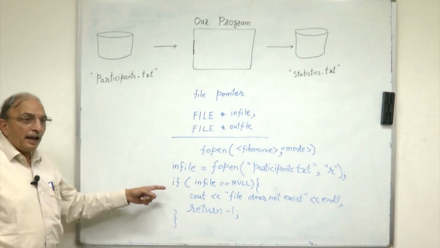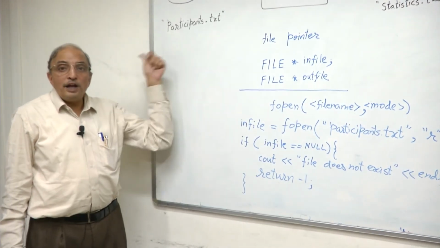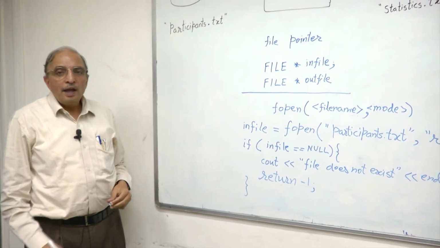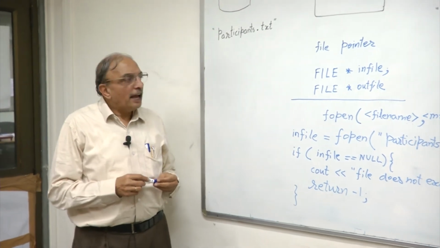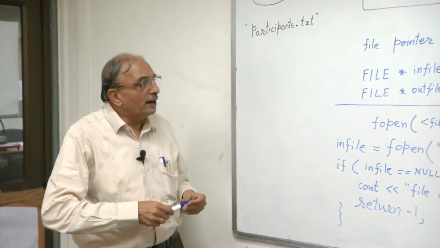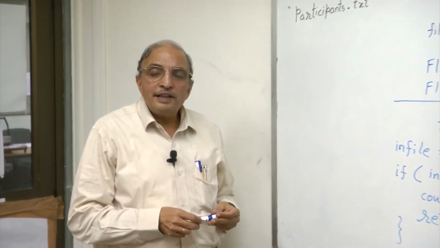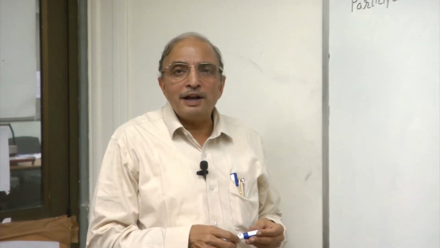This is the typical way in which the opening of a file is handled. You can easily guess that in exactly the same fashion an fclose could be handled when you close the file, that is when you have finished reading or writing from that file.